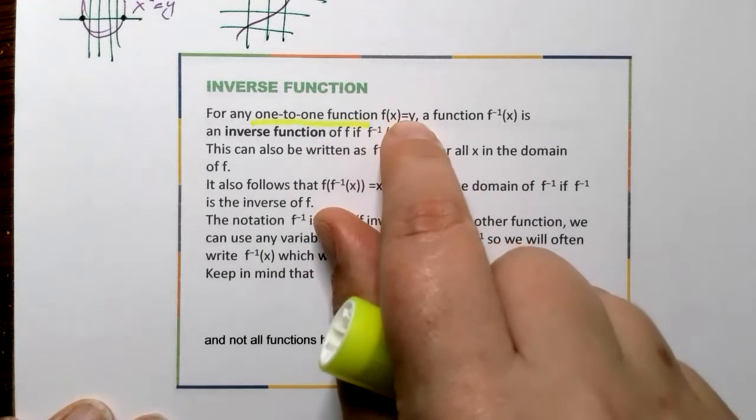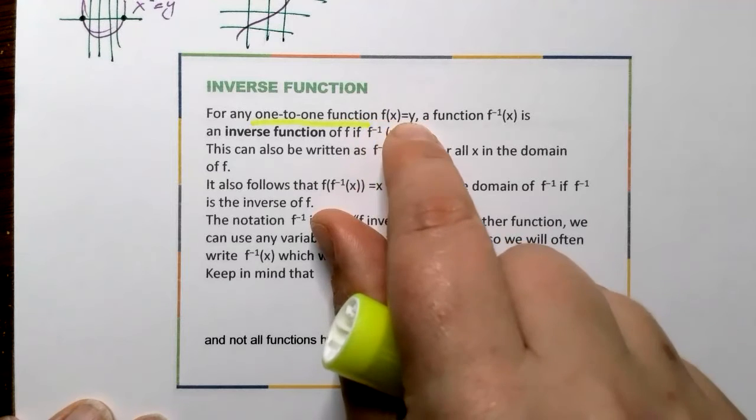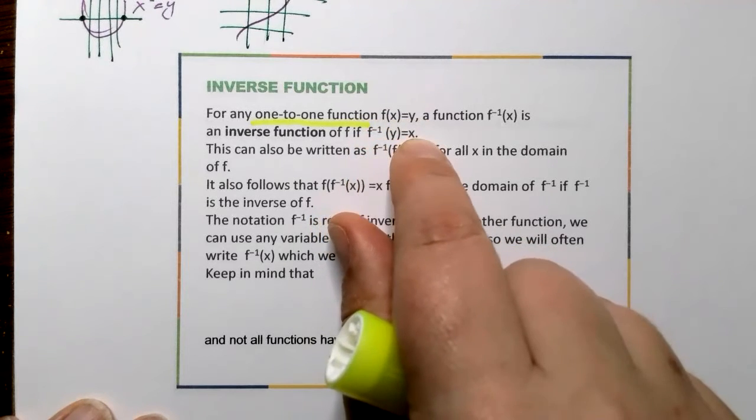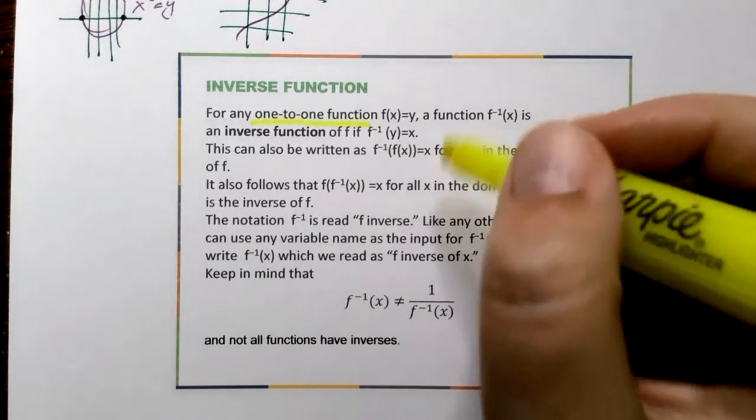Look how symmetric that is: function f takes in x, spits out y, and the inverse takes in y, spits out x.